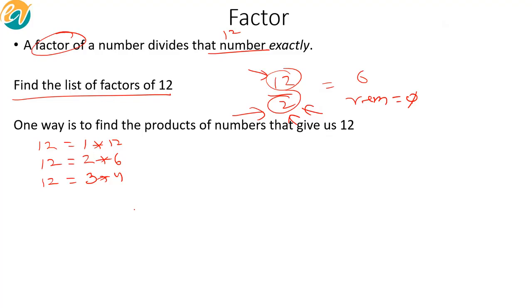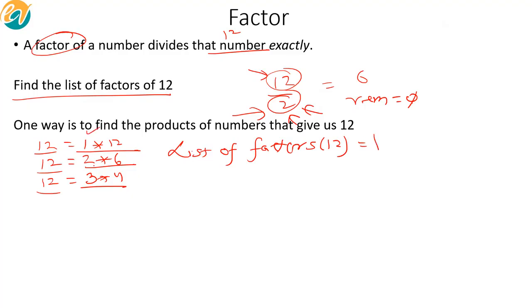So the product of 1 and 12 gives 12, the product of 2 and 6 gives 12, and the product of 3 and 4 again gives 12. So what is the list of factors of 12? All of these.